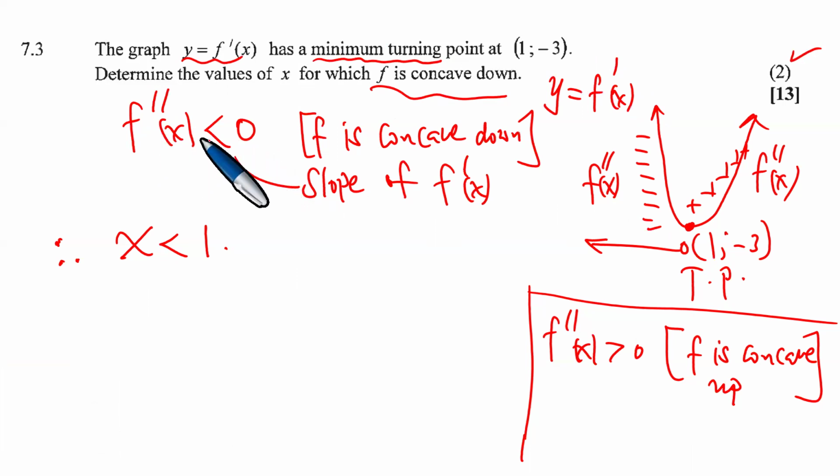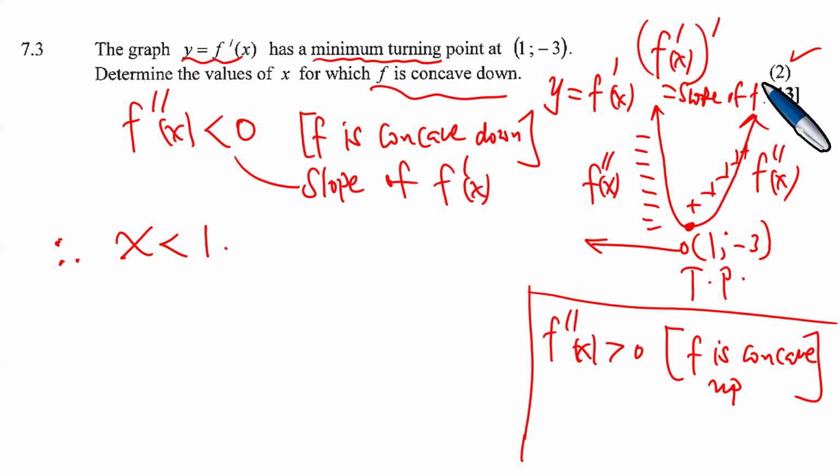So what would f double prime mean? That would mean you are dealing with this graph here. You are given f prime, but you must find its derivative again. And this describes the slope of f prime of x.